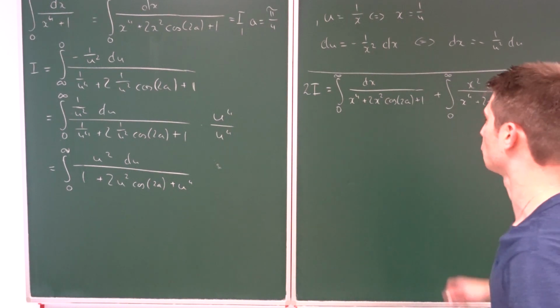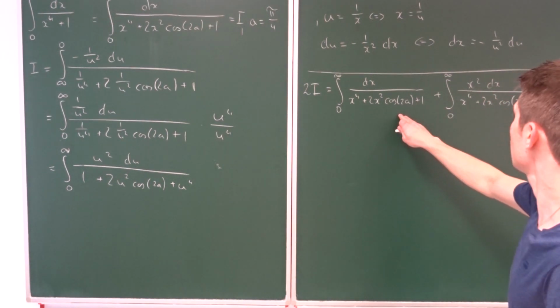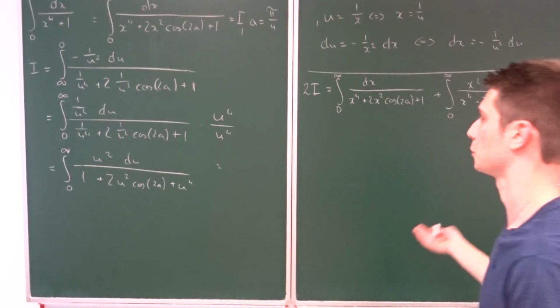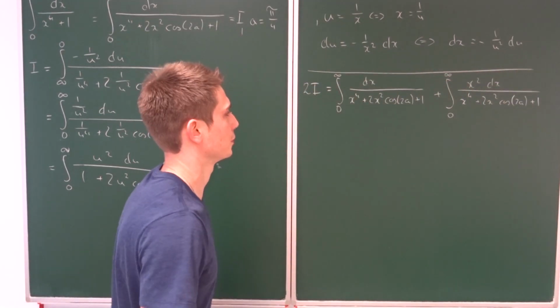And the good thing is our denominators are the same and our bounds are the same, so we can just add them together because, yeah, linearity of the integral.